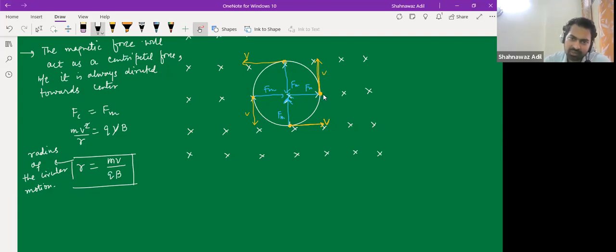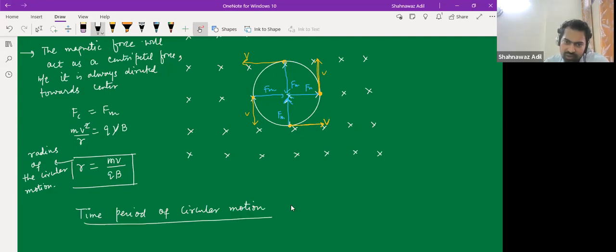Time is distance by velocity. So what is the distance that it covers in completing one rotation?